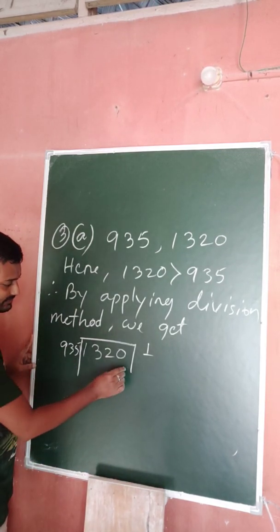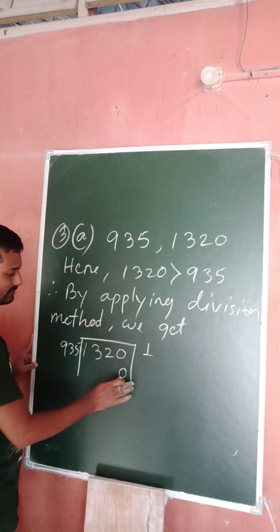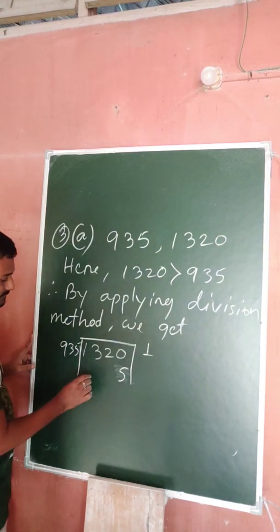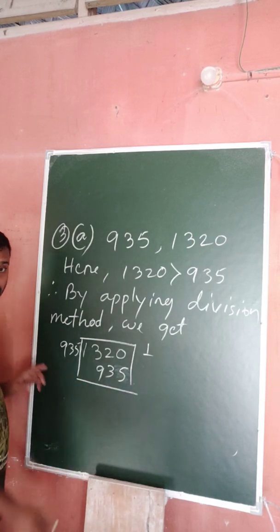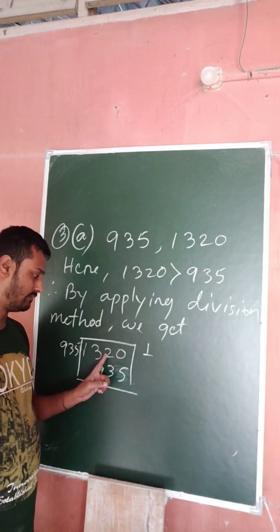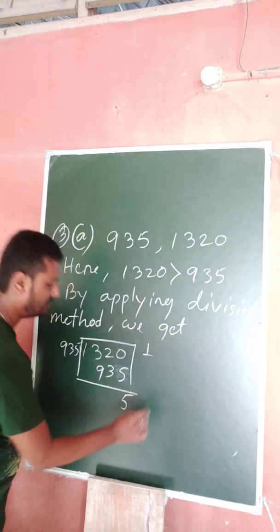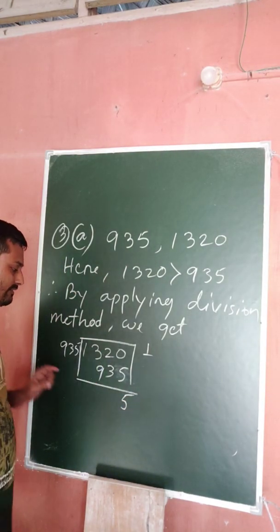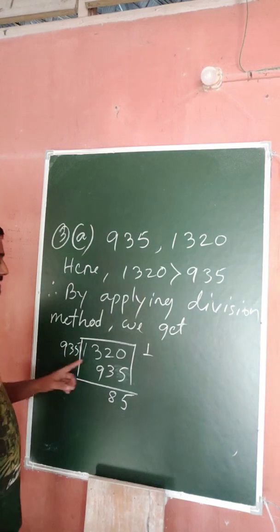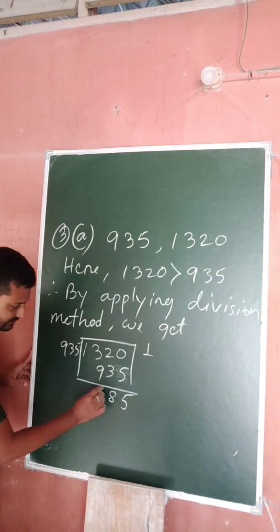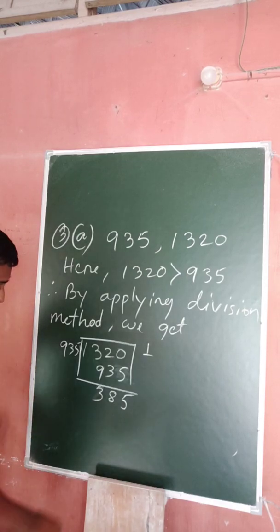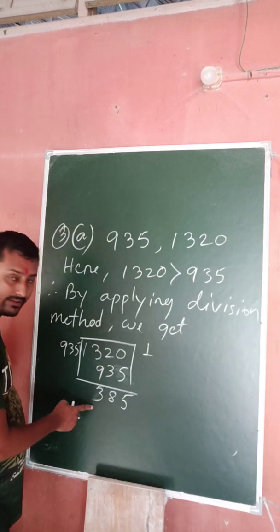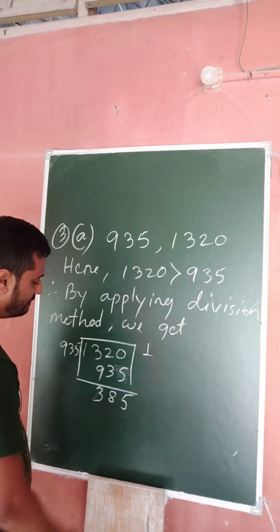So 5 ones are 5, 935. Just subtract this one. Carry 1, take 1 from this: 10 minus 5 becomes 5, it remains 1. Again take 1: 11 minus 3 becomes 8, it remains 2. 12 minus 9 becomes 3. So in this step, 385 will be the remainder.